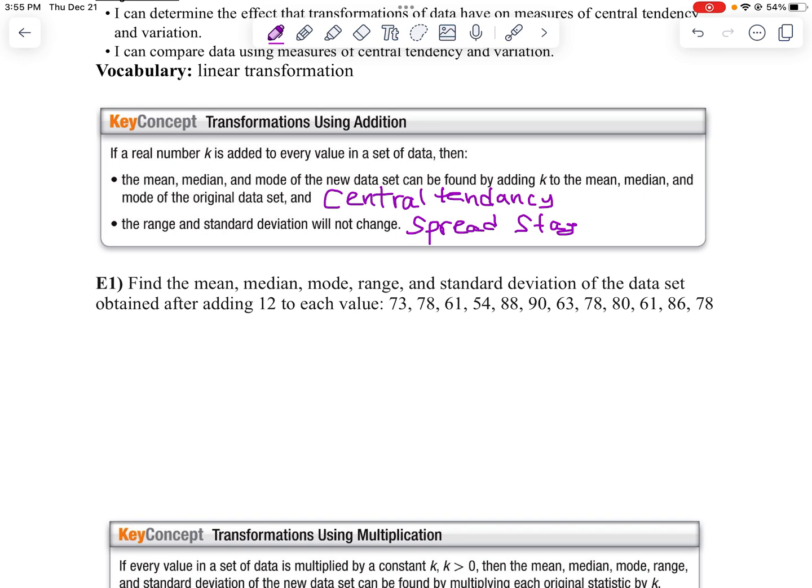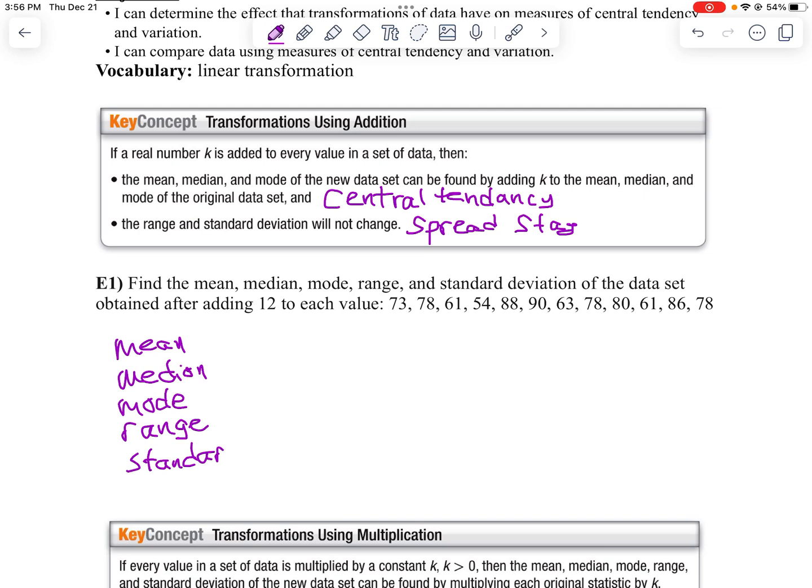Now let's take a look at example 1. I want you to find the mean, the median, the mode, the range, and the standard deviation of the data set, and what they are after adding 12 to each value. So let's make a chart here: the mean, the median, the mode, the range, and the standard deviation.